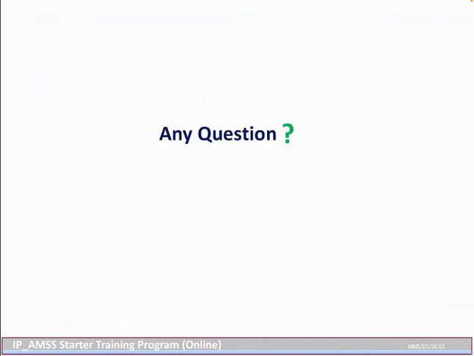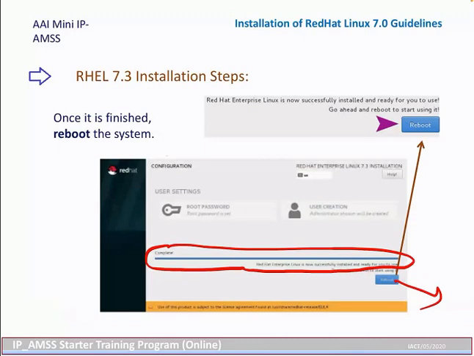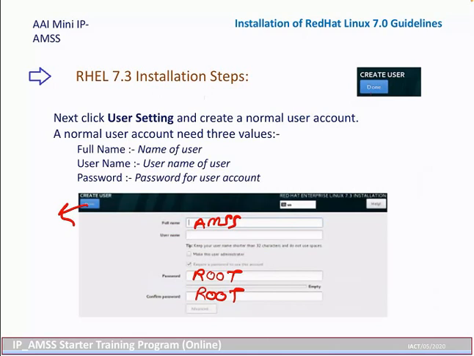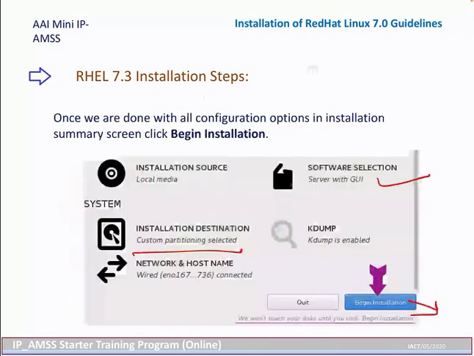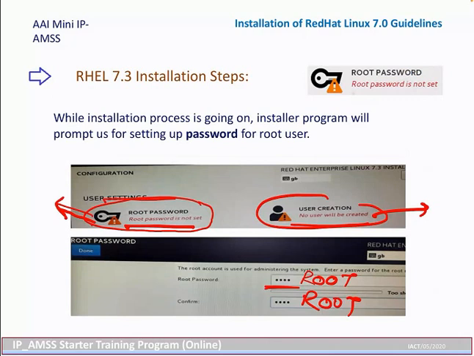Sir, could you please repeat the last two steps, creating the root password and creating the user? After you select begin installation, you will have two options: root password and user creation. Under root password, you simply have to enter a password. For our system, we are using simply root, nothing else. Under user creation, you have to create a user named AMSS. Just like in Windows we have one administrator user and another guest user, similarly here we are creating a user.